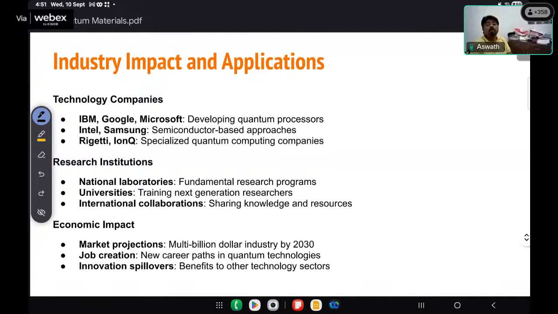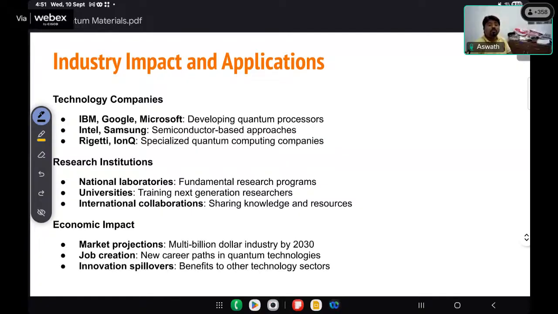IBM, Google, and Microsoft depend on transmon-based qubits. Rigetti and IonQ are specialized quantum computing companies, specialized in something called quantum annealing-based qubits.